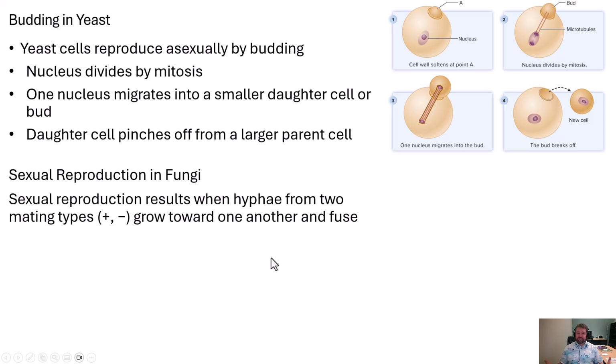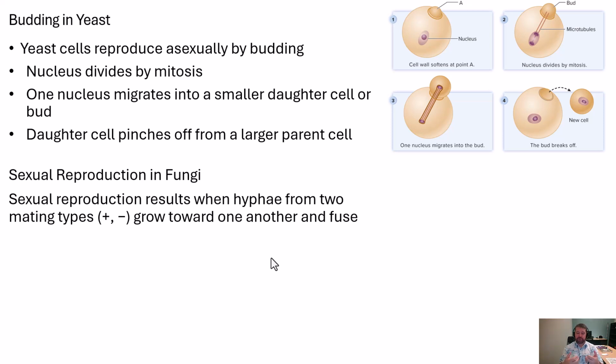It's kind of bizarre to think about, but there are two mating types. We don't call them male and female, but you can kind of think of them as male and female in the sense that one is considered a plus and the other one is considered a minus. And so the hyphae itself would be considered a plus hyphae or a minus hyphae.